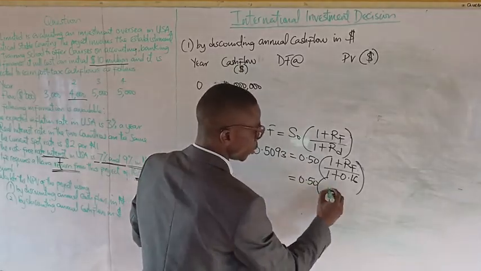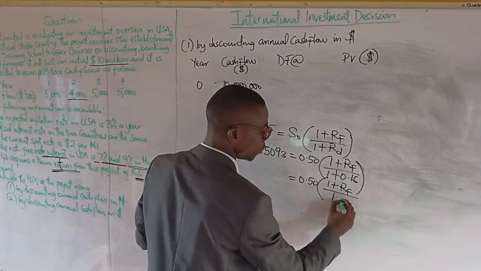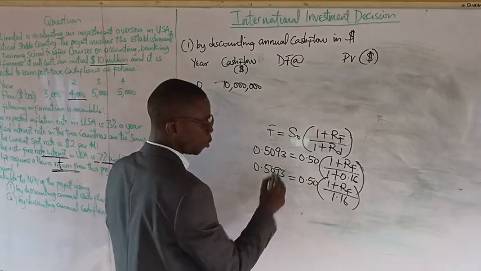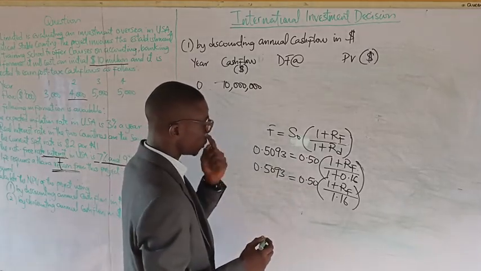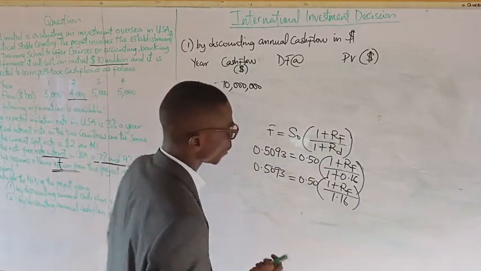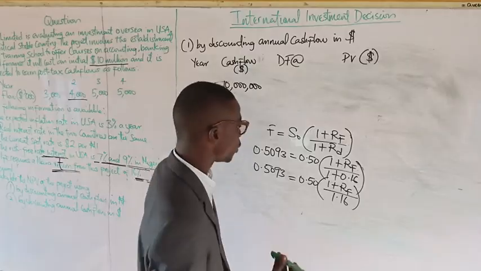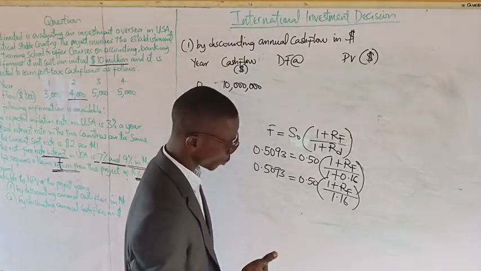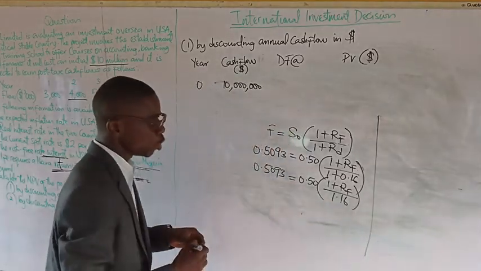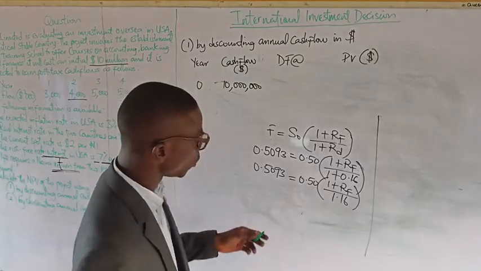0.50, that's 1 plus RF, divided by 1.16. This one is 0.5. So divide both sides by what? So let's try to find R now. So how can we find R? Instead of making this difficult for you, just use this formula.